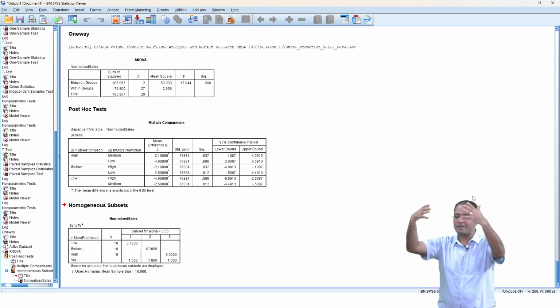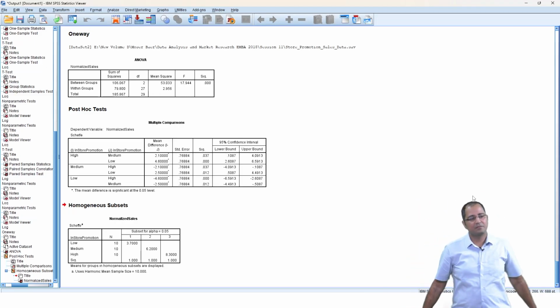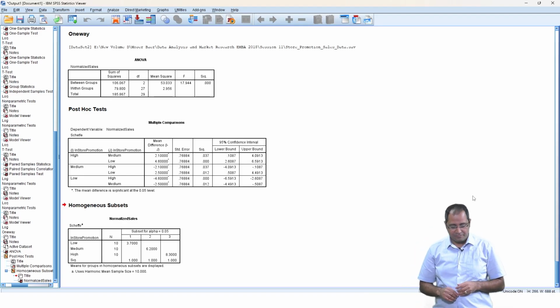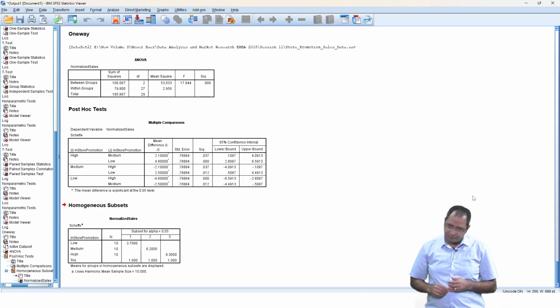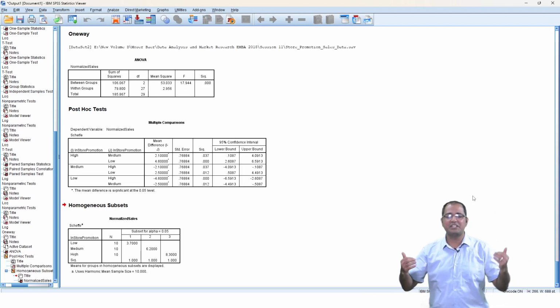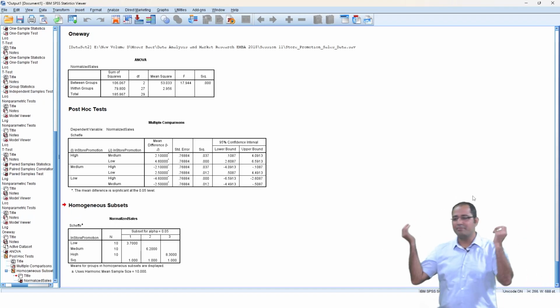The test goes on the p-value. Since the result is significant, we can say that there is a difference in the mean of the normalized sales between high and medium in-store promotion.